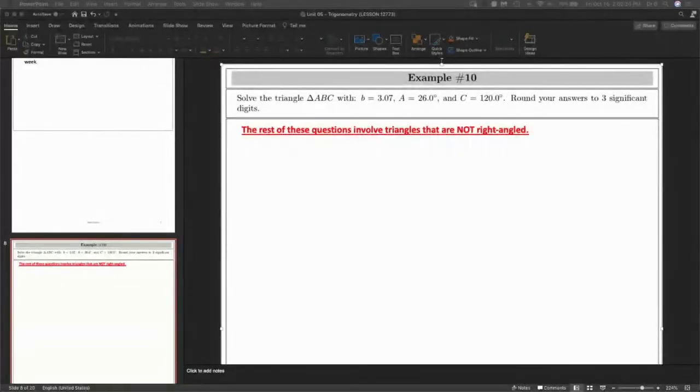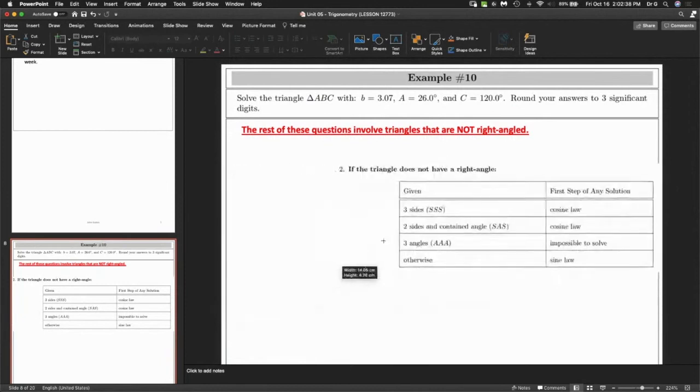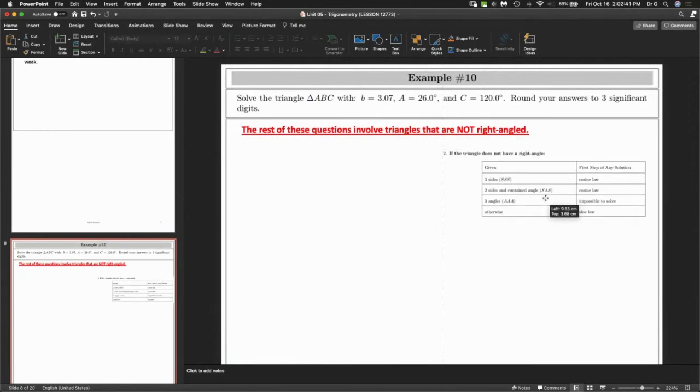So what do you do when the triangle is not right angled? Well, my dear friends, you got to use the sine or the cosine law. So if the triangle does not have a right angle, this is from the earlier page of the document. I'm going to be cutting and pasting this a bunch of times today.